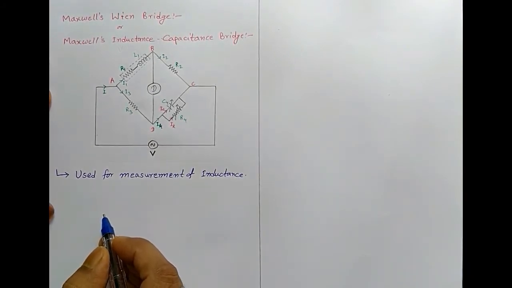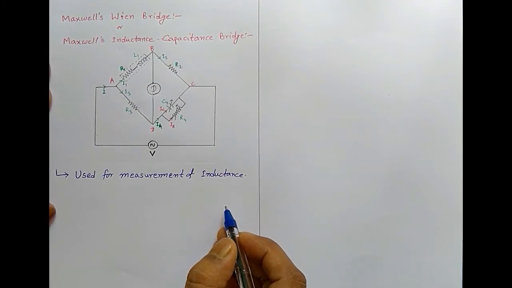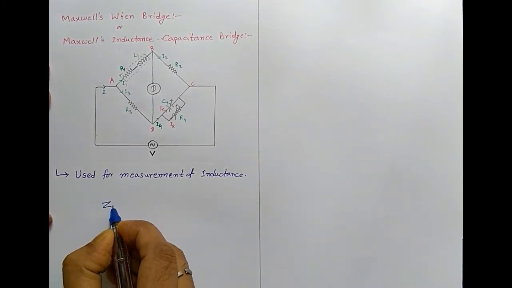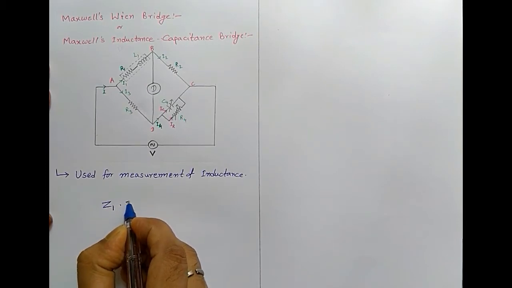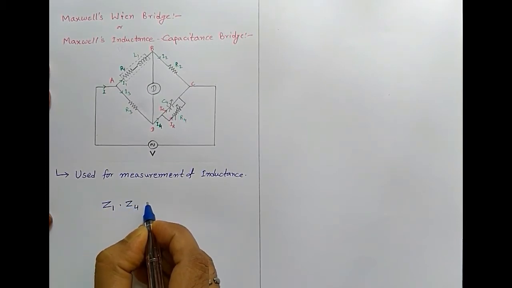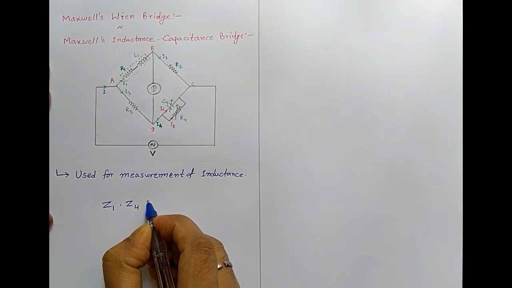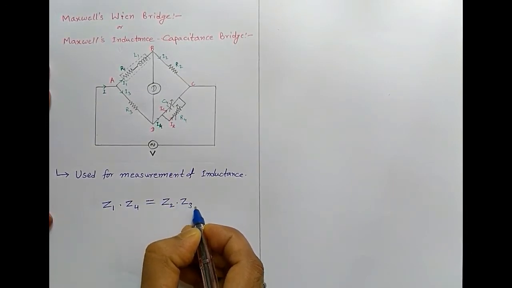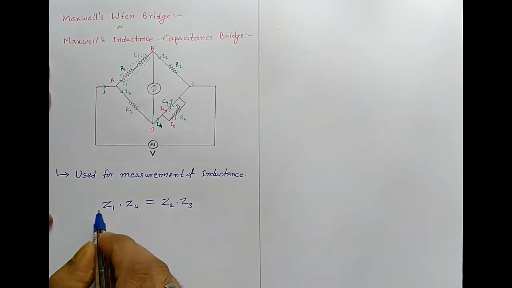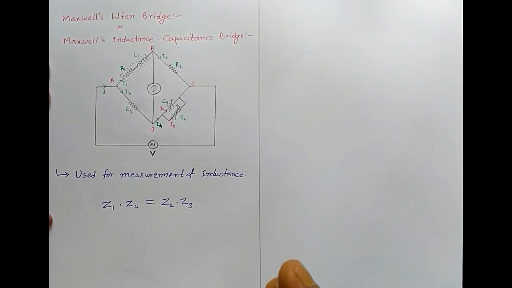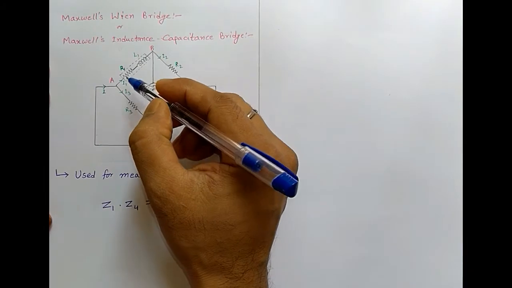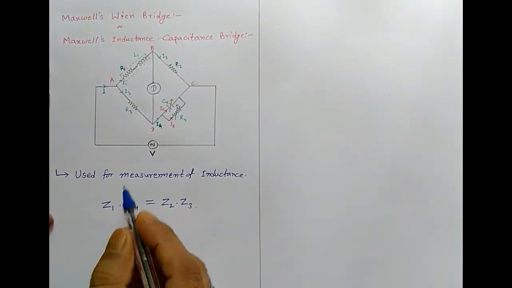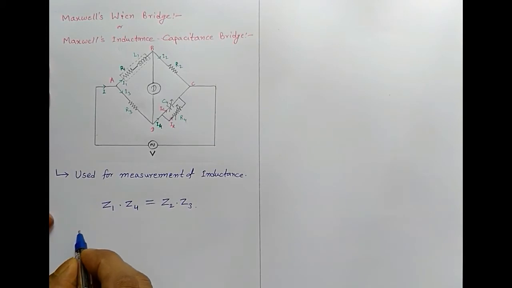As we know, in the general form of an AC bridge circuit, Z1 into Z4 will be equal to Z2 into Z3. Here all Z are the impedances of the corresponding arms of the bridge. So what is Z1?